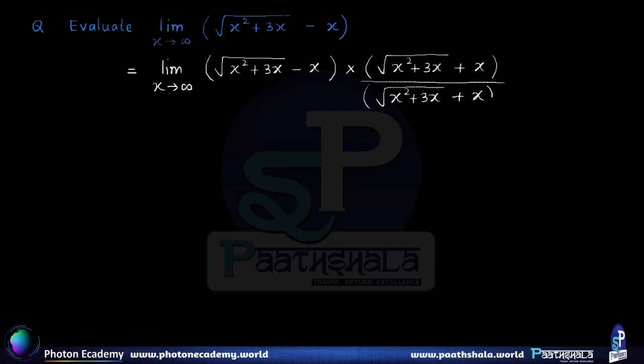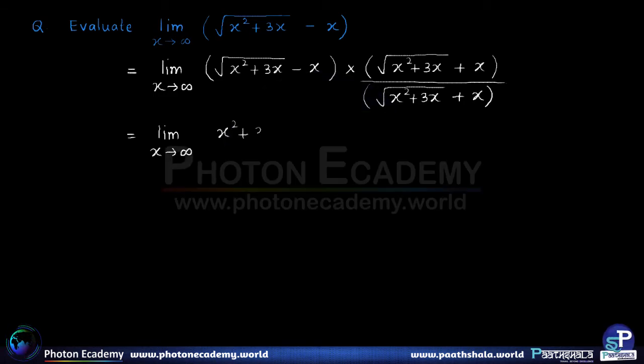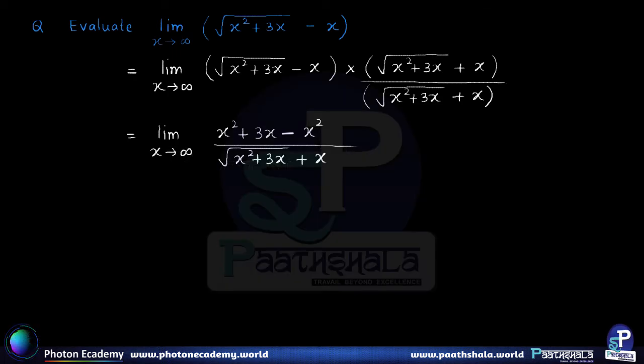Alright. So in the numerator we have a minus b into a plus b, which gives us a square, which is x square plus 3x, minus b square, which is nothing but x square, whole divided by the denominator, root of x square plus 3x plus x.